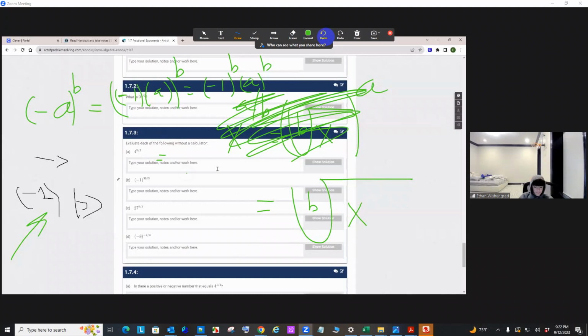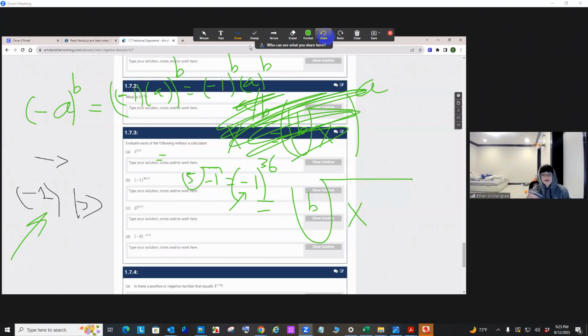You take the fifth root of negative 1. We also don't have calculators. Well, the fifth root of negative 1 is negative 1, because you can multiply negative 1 five times and get negative 1, right? But that's raised to an even power. That's raised to the 36th power. Oh yeah, so it becomes positive 1.